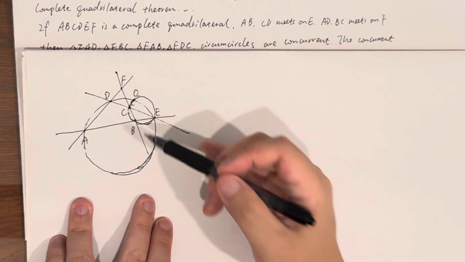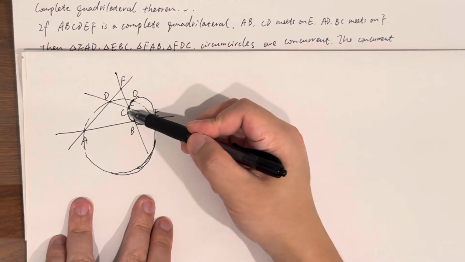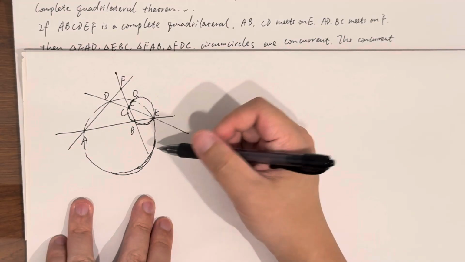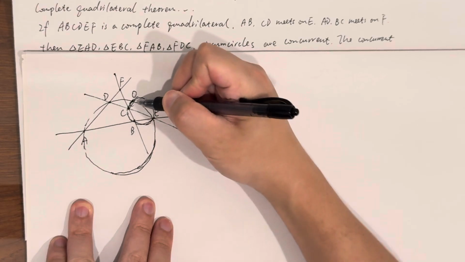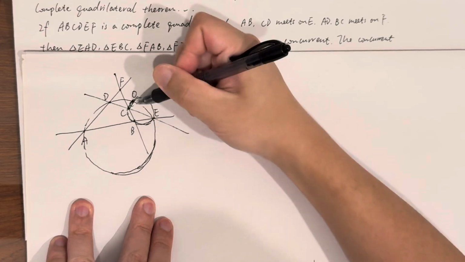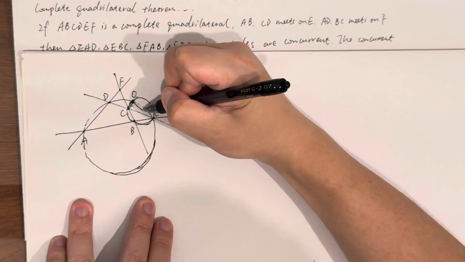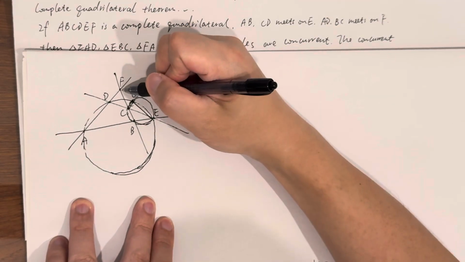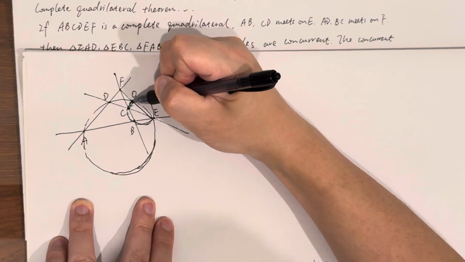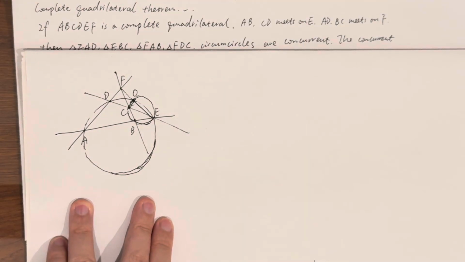What we know here is that CBEO is a cyclic quadrilateral, so we connect CO here, and we connect OE here, and we connect FO here.